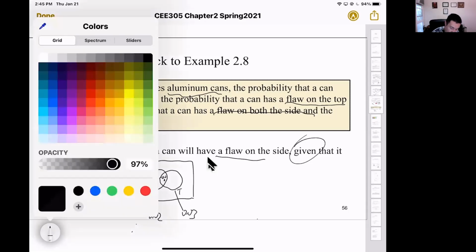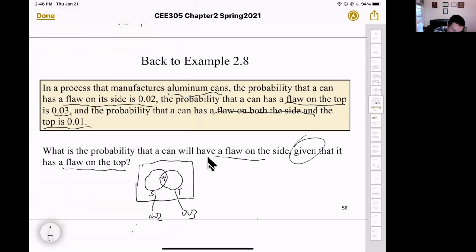And then we can figure out this area, for example, which is a flaw on the side but not on the top. That area will be 0.02 minus 0.01.